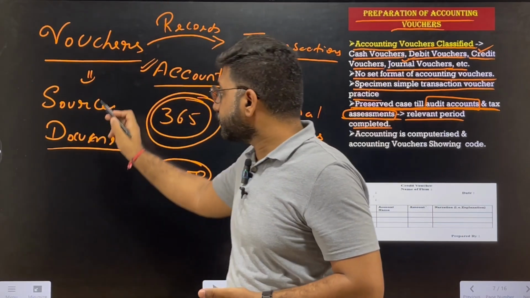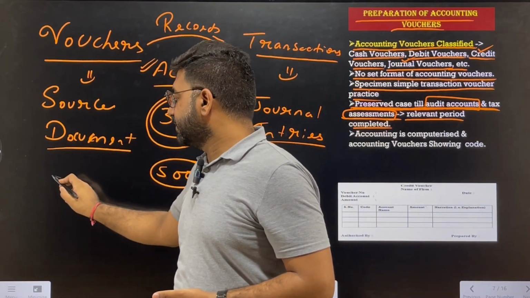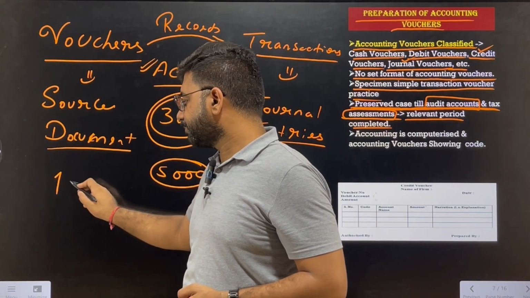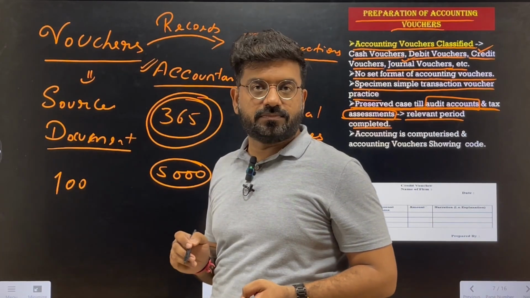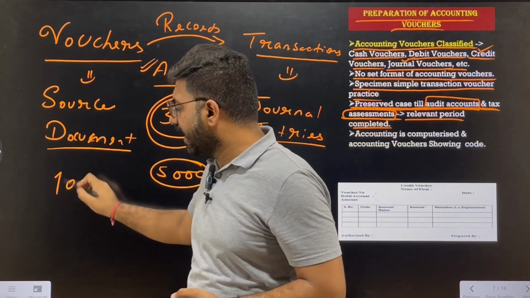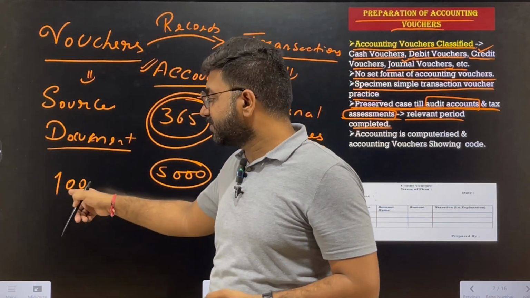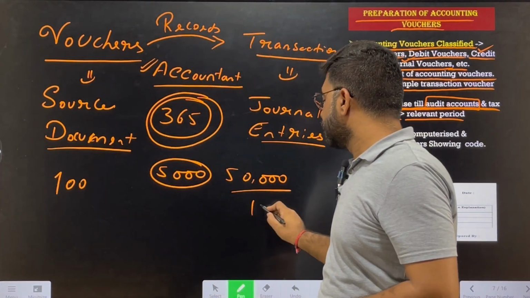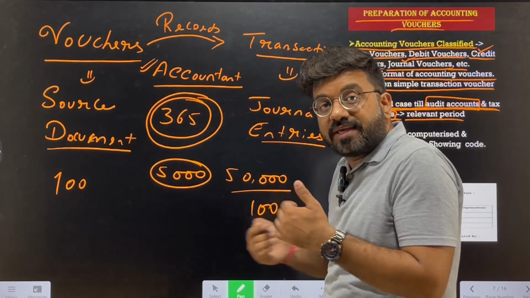For example, in the source document, this has been written. This is 700. Now, this is the writing of one person who writes 7 like this. But actually, it looks like he has written how much? 100 rupees. So an accountant will record how much? 100 rupees. So there can be a mistake.